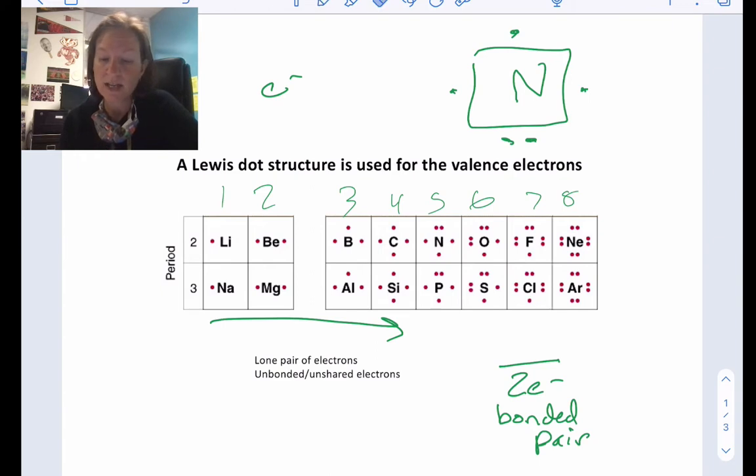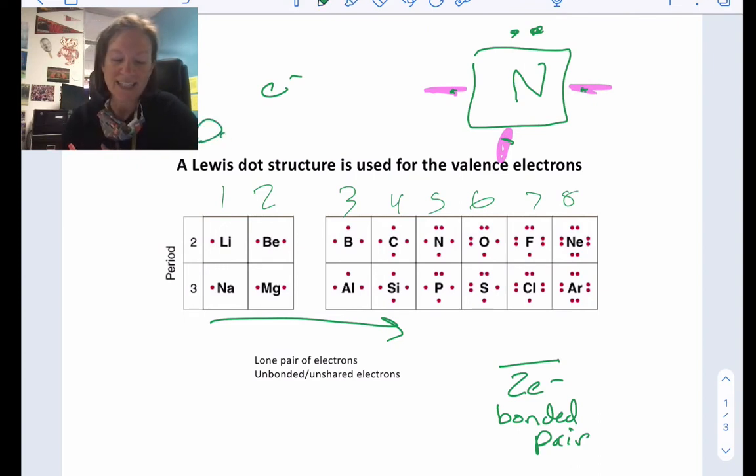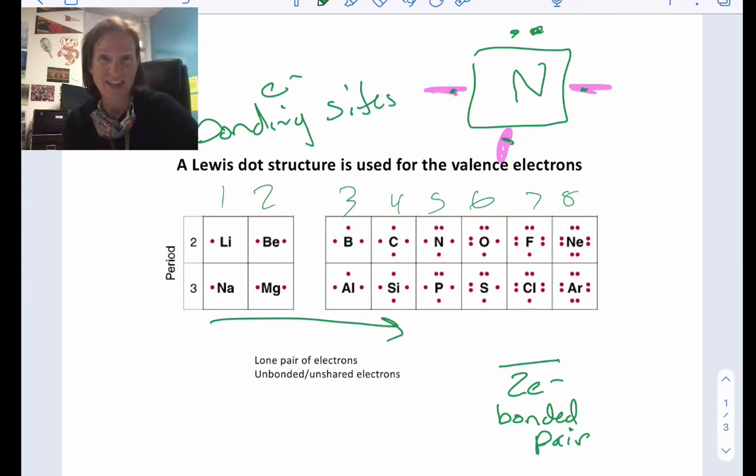Okay, as we draw Lewis dot structures, you might be able to determine which side makes the most sense in relation to how it's bonding. Because essentially how it works for nitrogen right now with what I just drew is these 3 spots where it's not bonded, those are what I would call potential bonding sites for nitrogen.